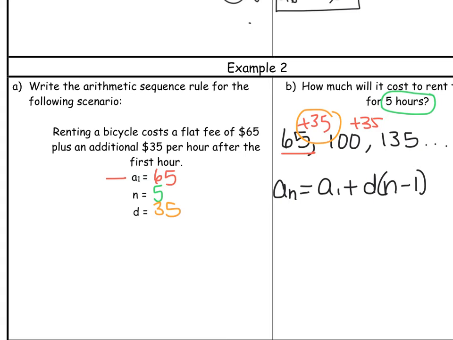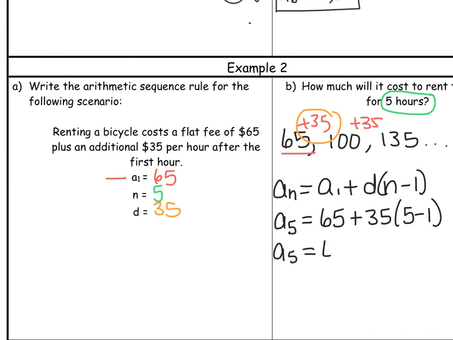We're looking for a sub 5 because we're looking for the fifth term. Our first term is 65. Our common difference was 35. And we're looking for the fifth term, so we multiply that common difference times 5 minus 1.